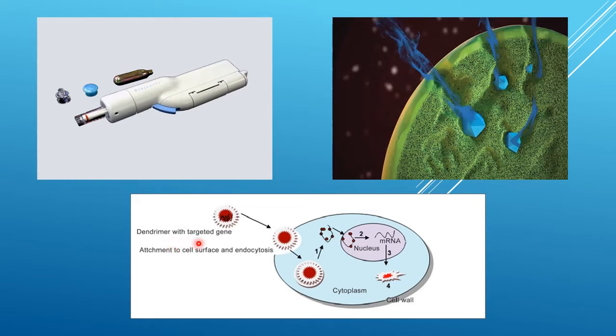The dendrimer carries the target gene within it and attaches to the cell surface, and by endocytosis it enters the cell, where it releases its DNA to the nucleus. There mRNA is produced and released to the cytoplasm, where it gets expressed. The common phenomena, as you know, are transcription and translation.